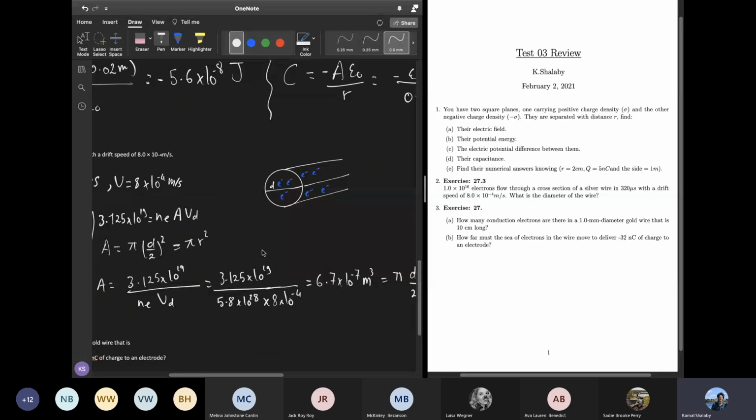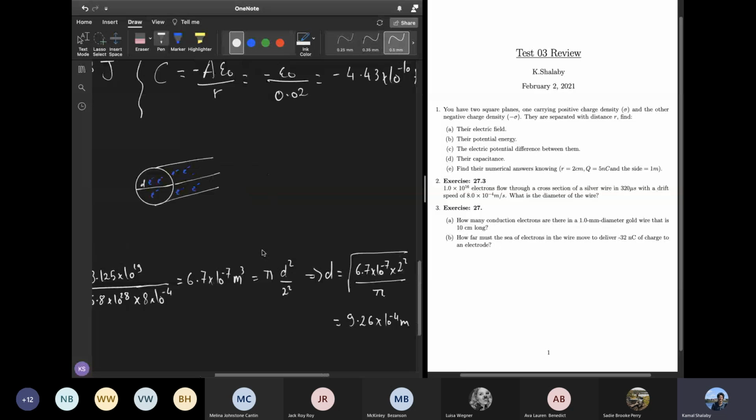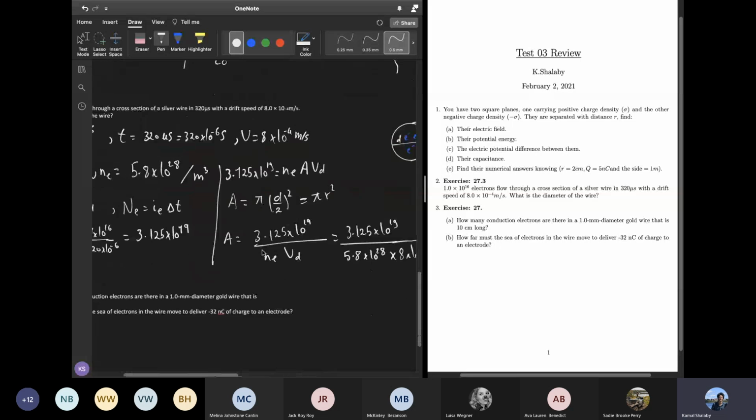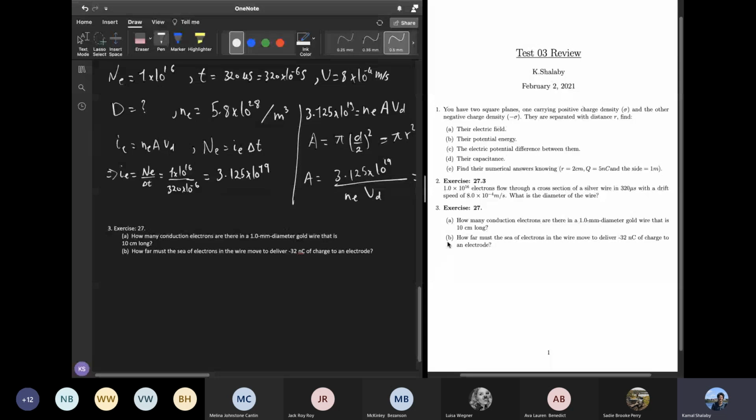Okay, so moving on to question number 3. This is 27.6. How many conduction electrons are there in a 1 millimeter diameter gold wire that is 10 centimeters long?